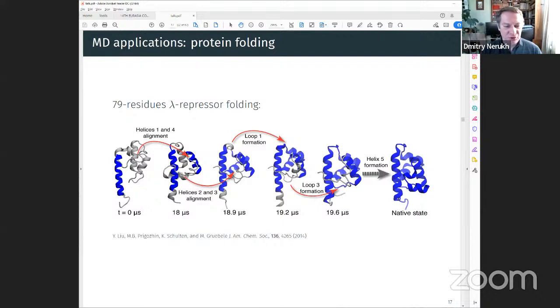In other words, you put in your simulation system an unfolded protein chain, and then after a few million steps, you get the native state of the protein. This is amazing, and this example is a bit out of date. That's 2014, and nowadays many more proteins are folded.